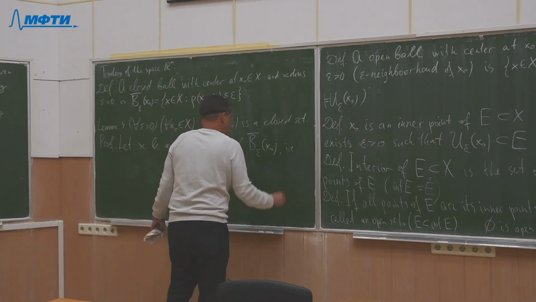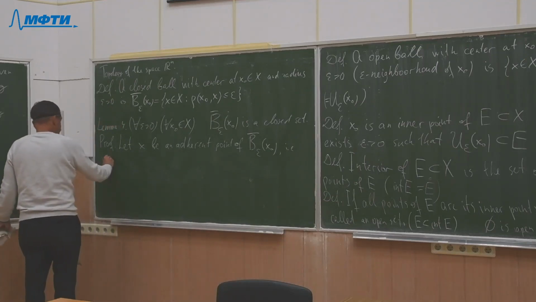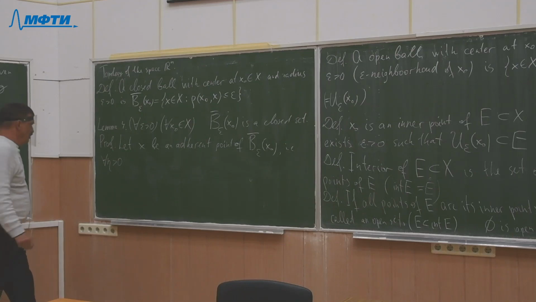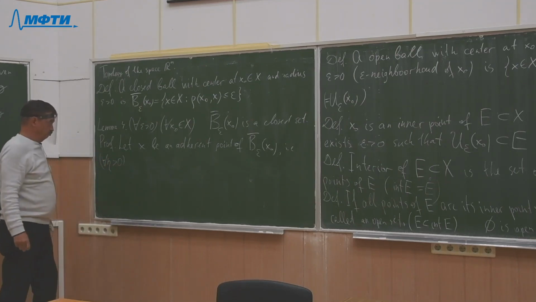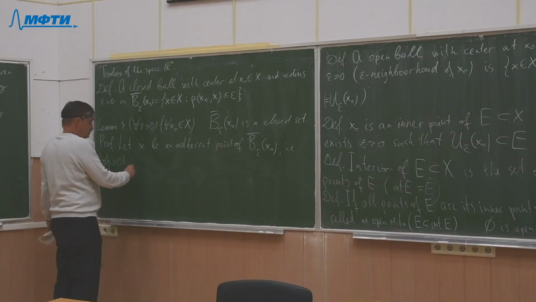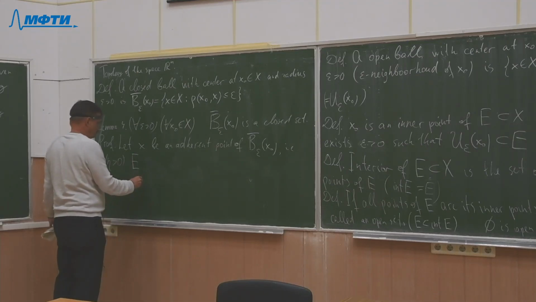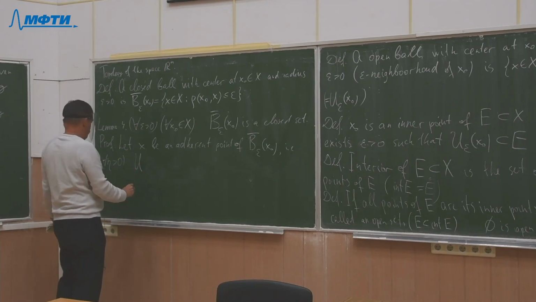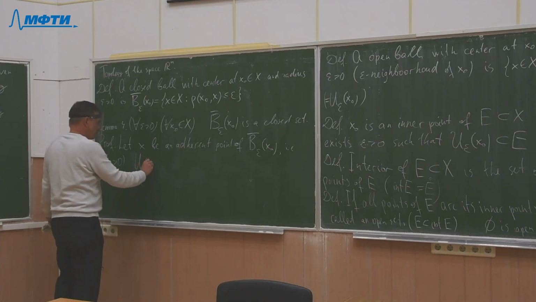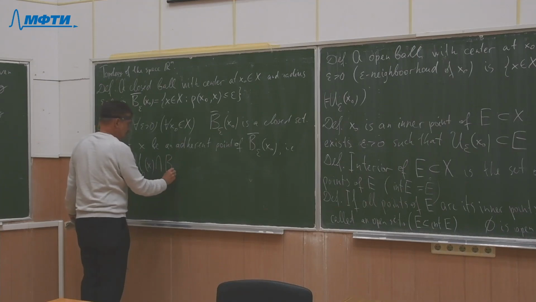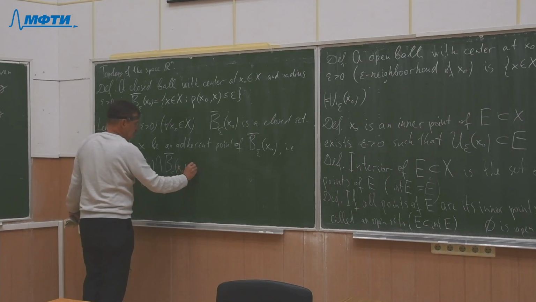It means that for arbitrary eta greater than 0, the intersection of the eta neighborhood of x together with our set is not empty.